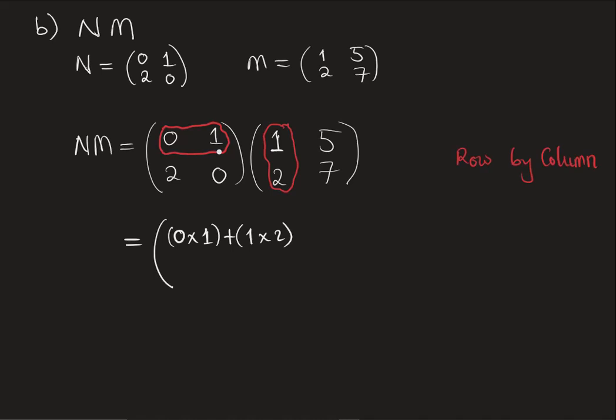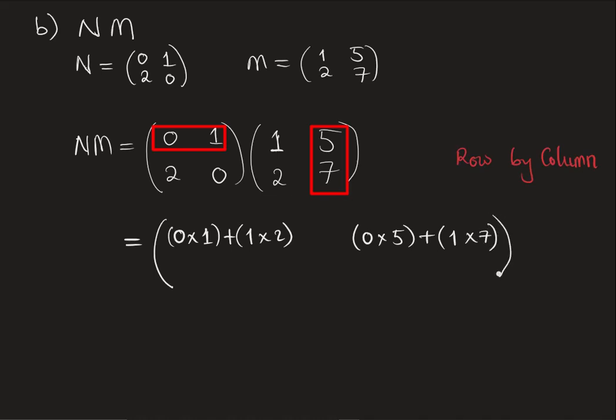After we're done with the first row and first column, we're going to go to the first row and second column. Multiplying the first row and the second column, we're going to have 0 multiplied by 5 plus 1 multiplied by 7. Now, notice the position where we're going to put our answer should match the row and the column we're multiplying.